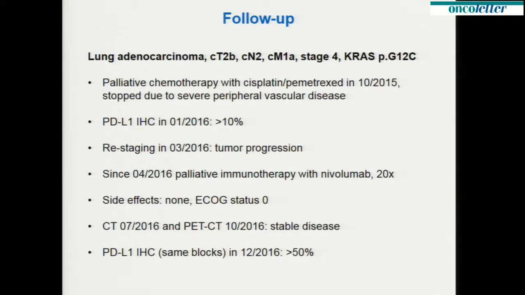Side effects, no. ECOG status, still 0. CT in July and PET-CT in October showed stable disease. And I said now, in December 2016, PD-L1 IHC is actually above 50%. So that's the typical case that has developed during this year.